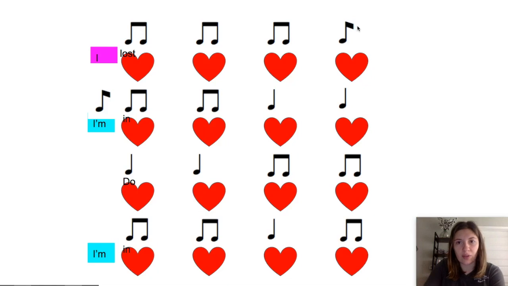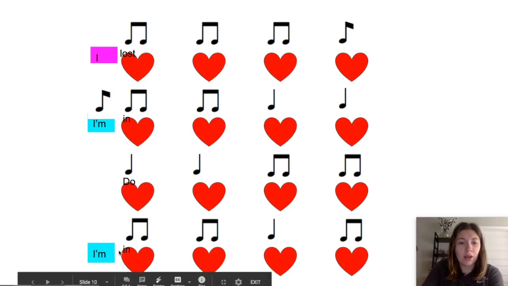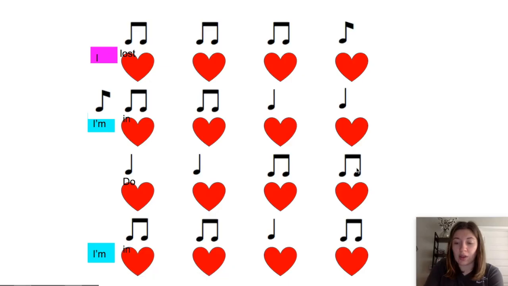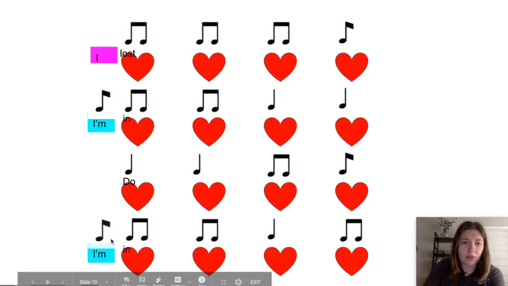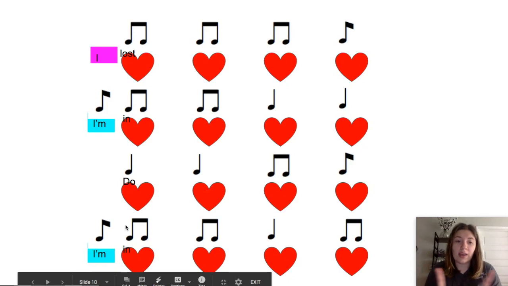Do you see how we've split the toddy and we moved one of them over here? So this note is fine. There is no pickup note on here. Let's go to the next internal pickup note. We're going to do the same thing. We're going to look at the toddy right before, and we're going to split it up. So this toddy, we have an eighth note with the flag on it, and the other eighth note is going to go over here. So again, we have split that up.